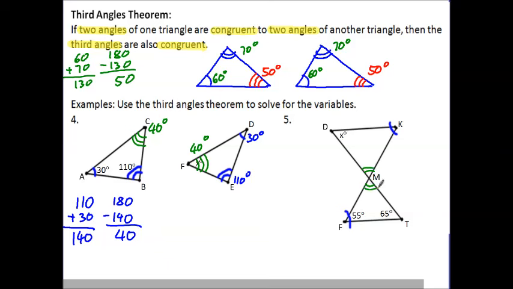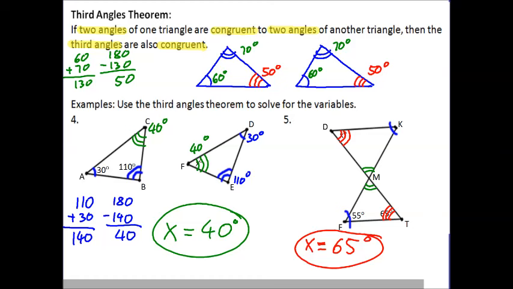And if we have, again, two pairs of congruent angles, then the third angle in each triangle also has to be congruent. So if angle T is congruent to angle D, we know that X has to be equal to 65 degrees. And that answers the question for us.